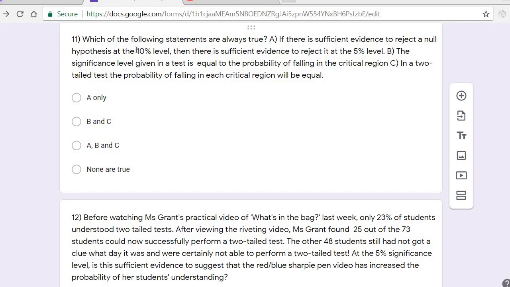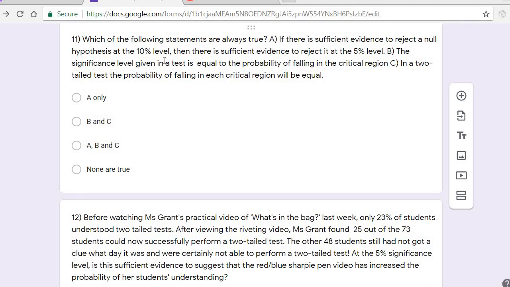That's where you would be rejecting H0. Now that's going to be a bigger area, isn't it, than if you were having a 5% significance level. So simply because something falls in the 10% critical region won't mean it will necessarily fall in the 5% critical region. So A is false.